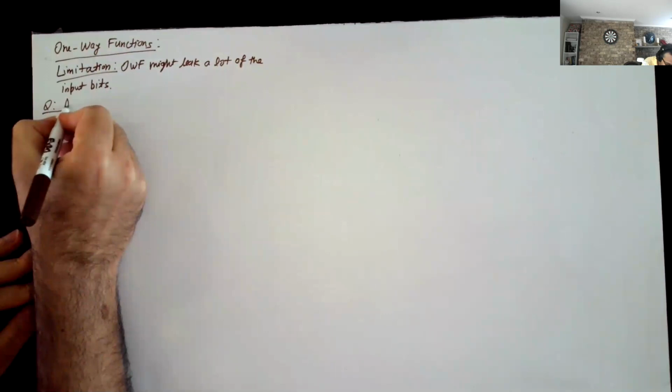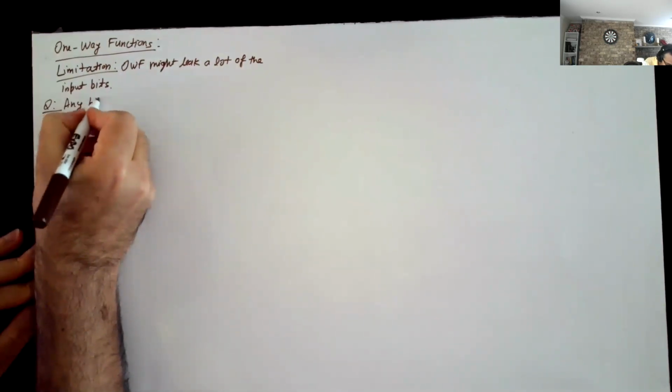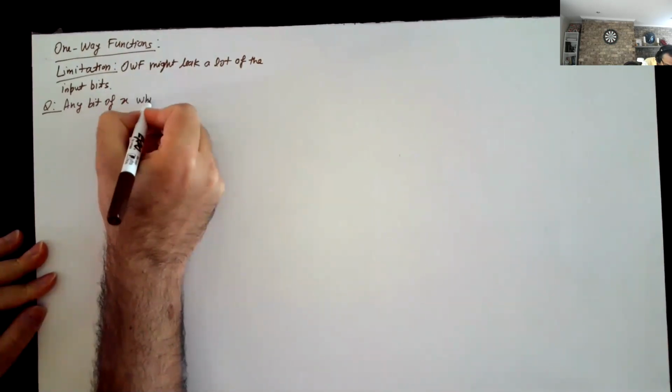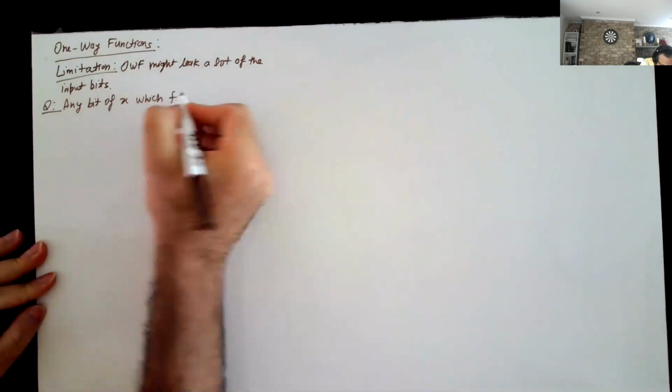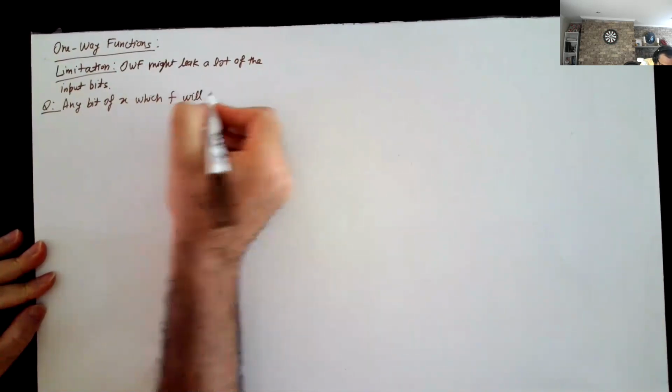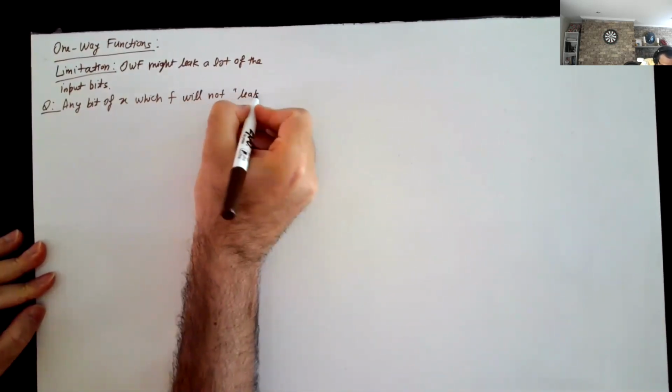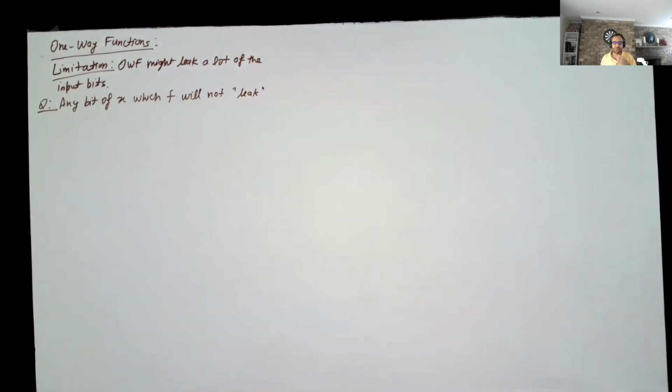Is there any bit of the input x which the one-way function f will not leak? I'm not going to define this formally, but by leaking, you could think of it as enabling an adversary to guess this bit with probability clearly better than half.